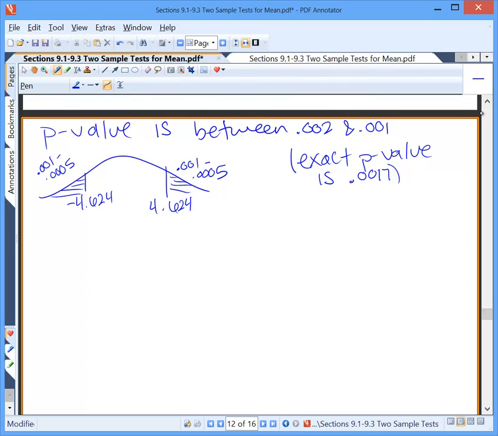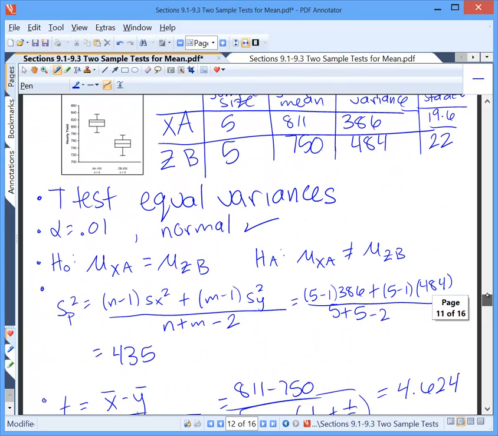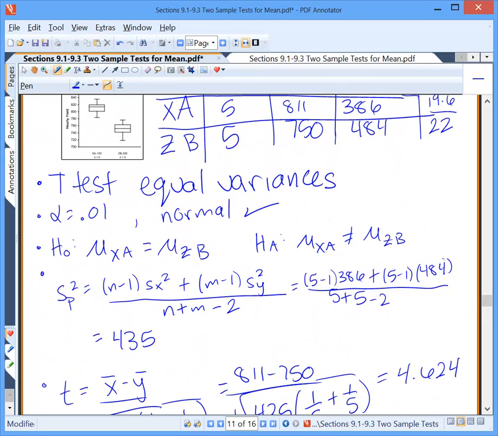Now compared to our level of significance, remember we had alpha equals 0.01, but our p-value is smaller than that. So we will reject the null hypothesis, which means that we're going for the alternative hypothesis, which is that they have different population means.